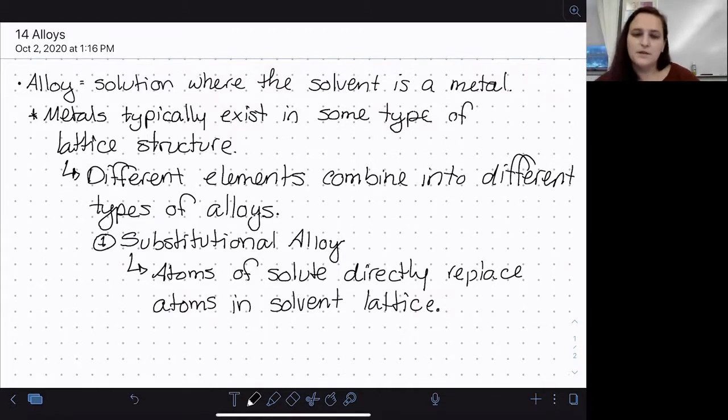And substitutional alloys occur when your two atoms, your two elements that you're combining, are very, very similar in size and similar in radius.